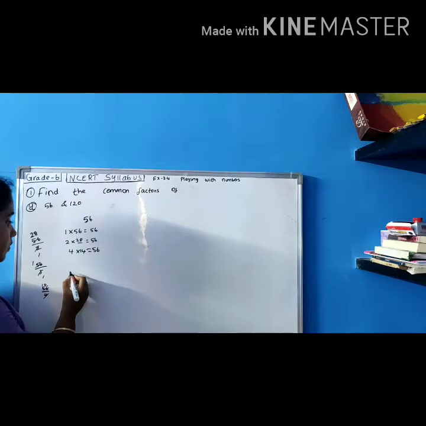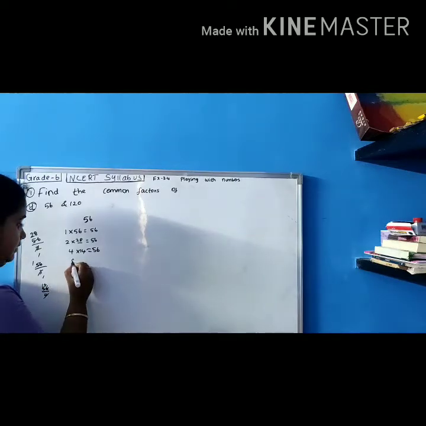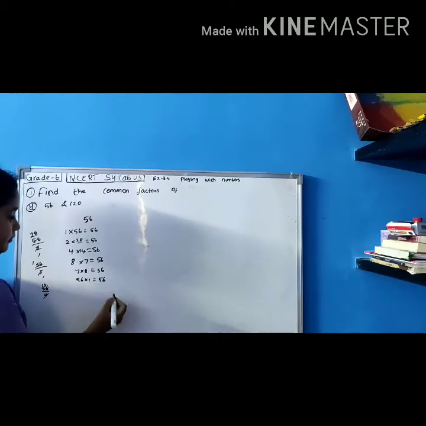Then the 5 table will not go. Then which table? The 8 table. 8 6s are 48, 8 7s are 56, right? 7 8s are 56. 56 into 1 is 56.